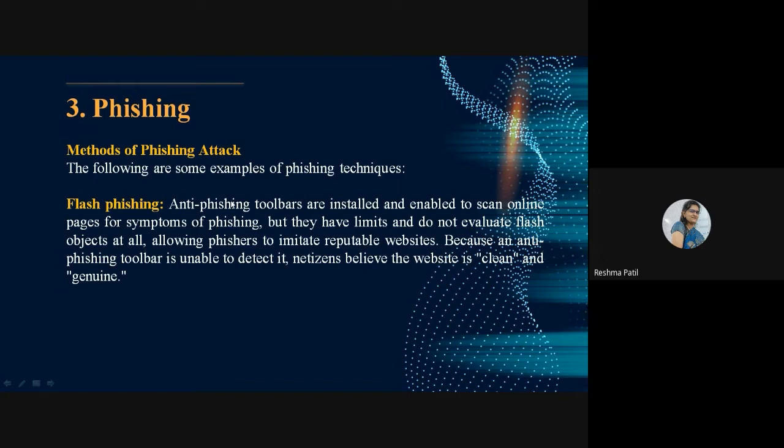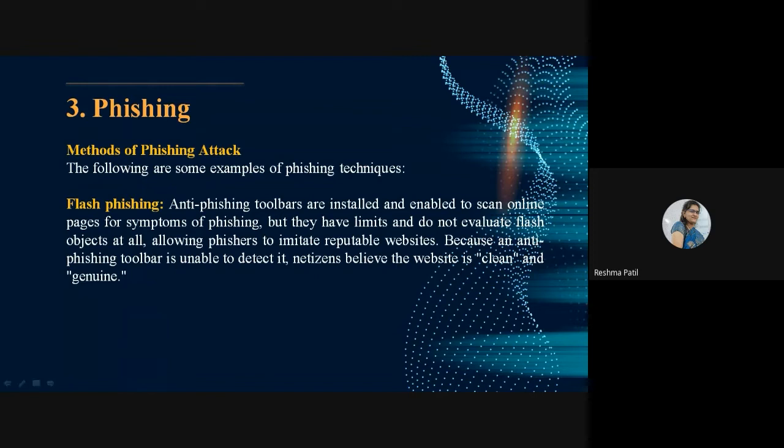So these toolbars are not going to evaluate flash objects, allowing phishers to imitate a reputable website. Because the anti-phishing toolbar is unable to detect the flash object, the netizen believes that the website is clean and genuine.